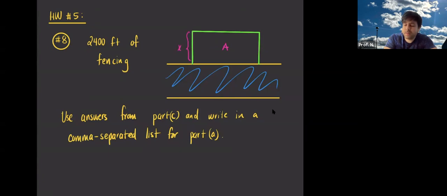To me it's also a bit redundant. So once you get part C, those values for part C are the answer for part A.